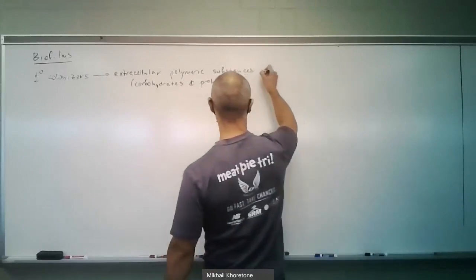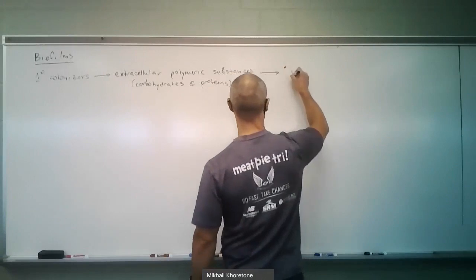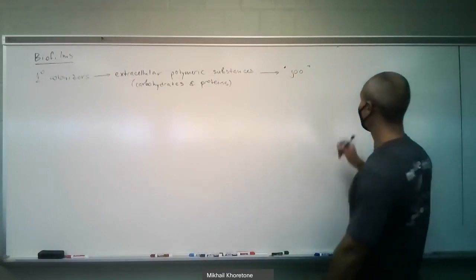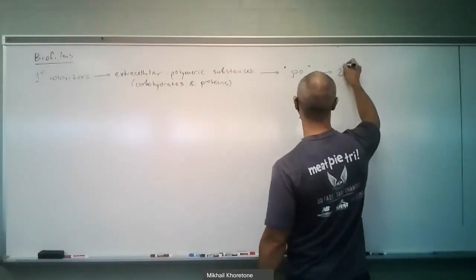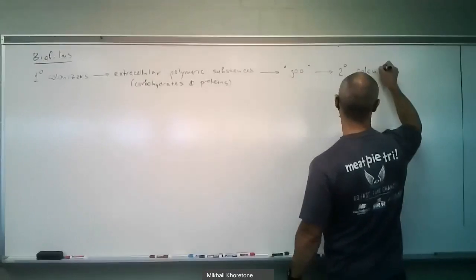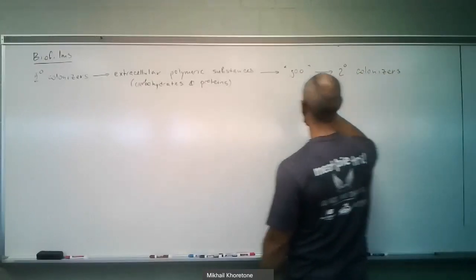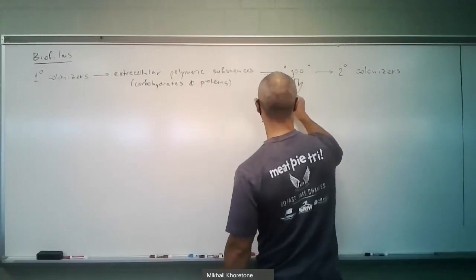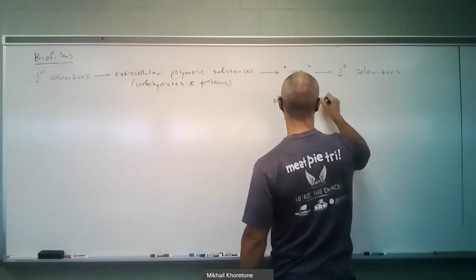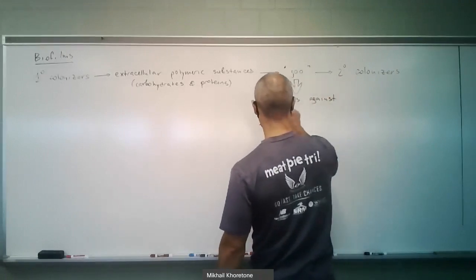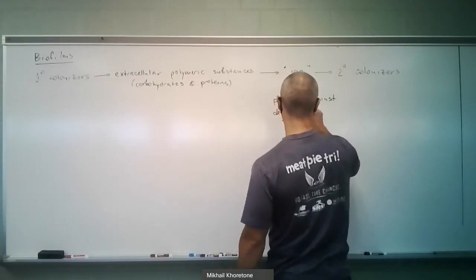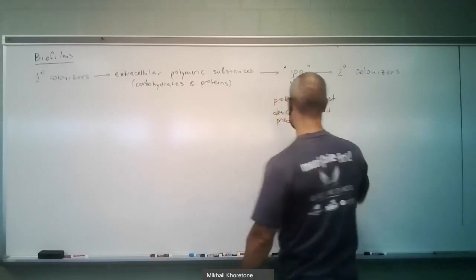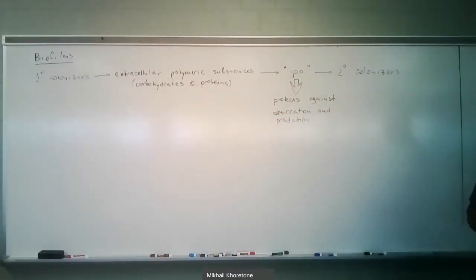Extracellular polymeric substances produce, quote unquote, goo on the surface. This goo attracts secondary colonizers, and it also protects against desiccation and predation. Does that make sense?